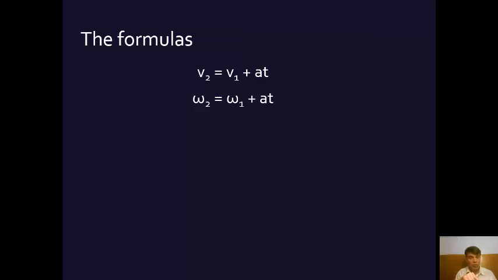That's omega 2. If you know what angular velocity it was at when it started, omega 1, plus the constant acceleration times the amount of time that has elapsed. So omega 2 equals omega 1 plus at. This is, again, very much the same as the formulas that we had for velocity in Chapter 2, in the chapter on straight line motion.